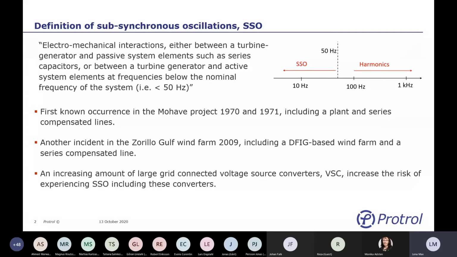And as Monica mentioned in the introduction, we see a larger share of large grid-connected voltage source converters, and thereby also an increased risk of experiencing subsynchronous oscillations including these converters.